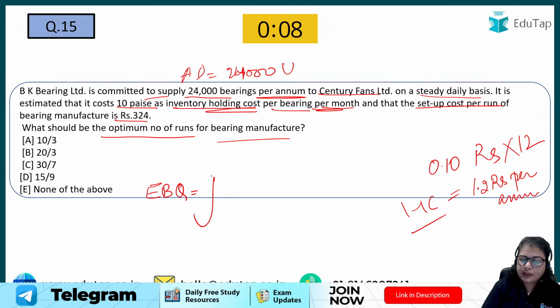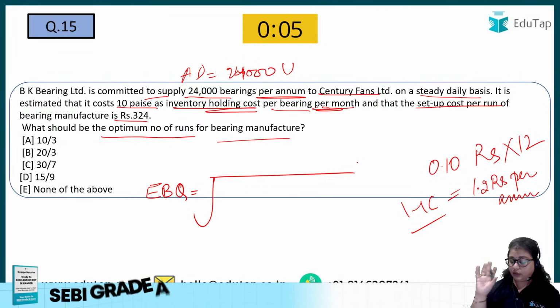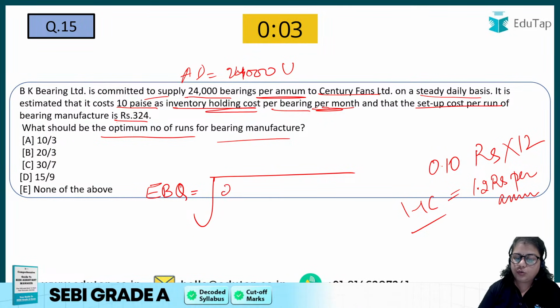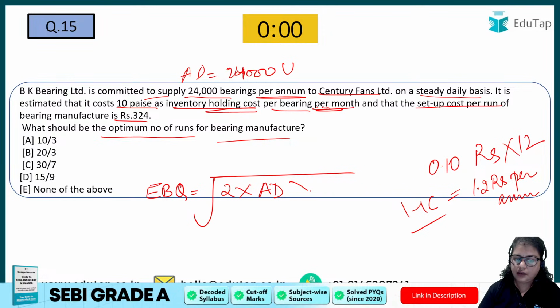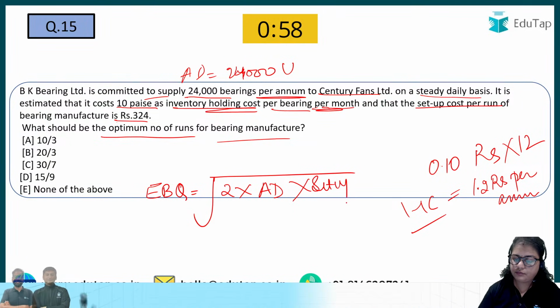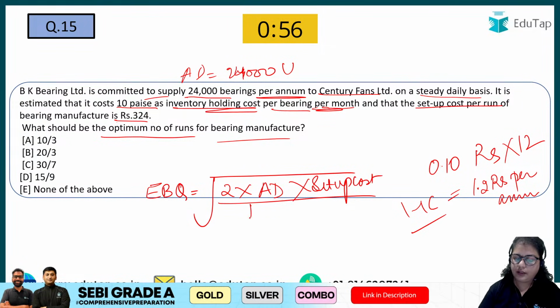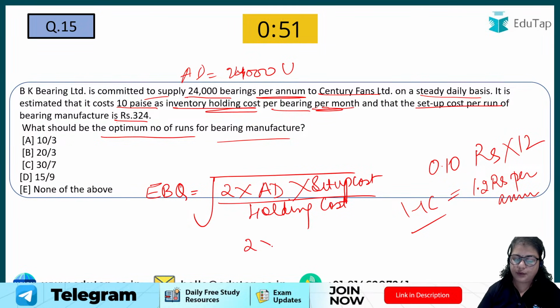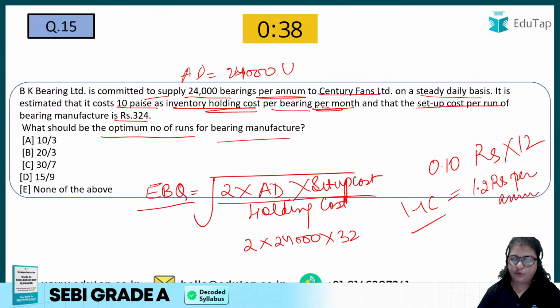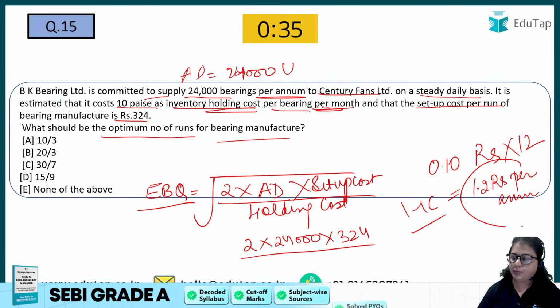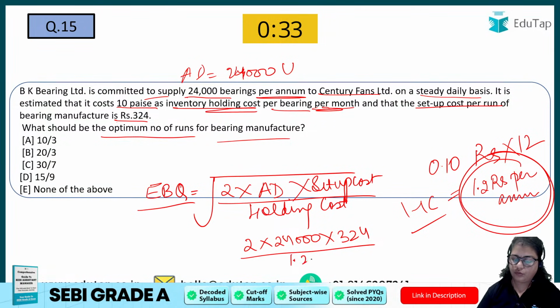That is very similar to one of the formulas we have done before: the square root of 2 into annual demand into the setup cost, upon the holding cost. Quickly put in the values and tell me what is the EBQ here. The question is not asking about EBQ, but let me tell you the economic batch quantity after calculation. 2 into 24,000 into the setup cost 324, upon the holding cost per annum, that is 1.2.